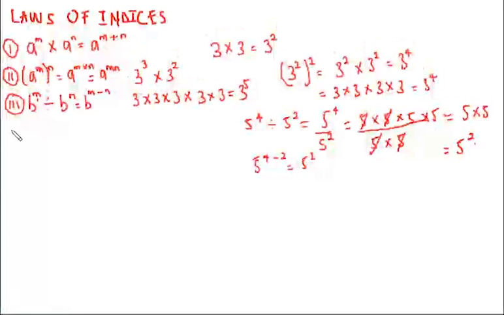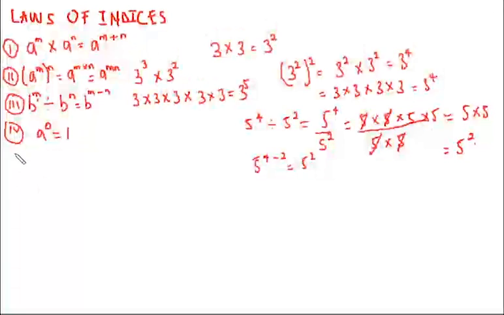And then the fourth law is a to the power of 0. So if you have a base number that has a power of 0, the answer is equal to 1.